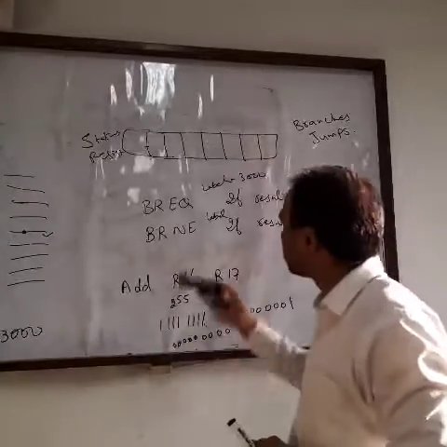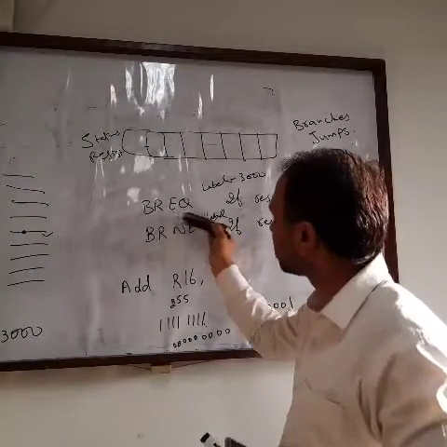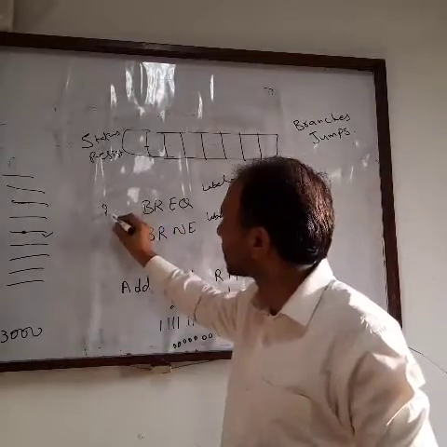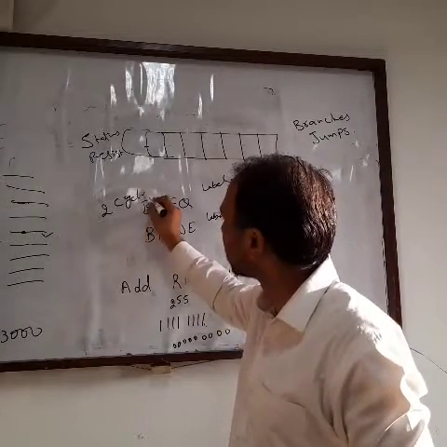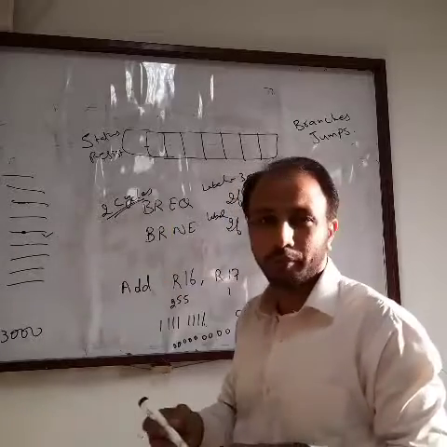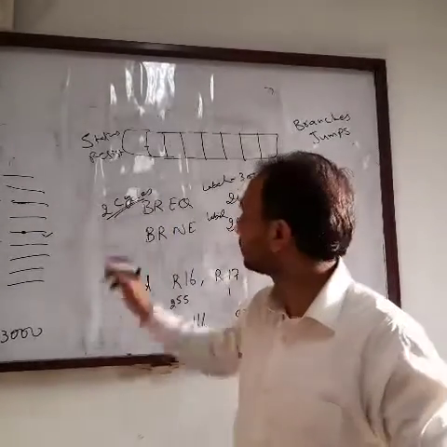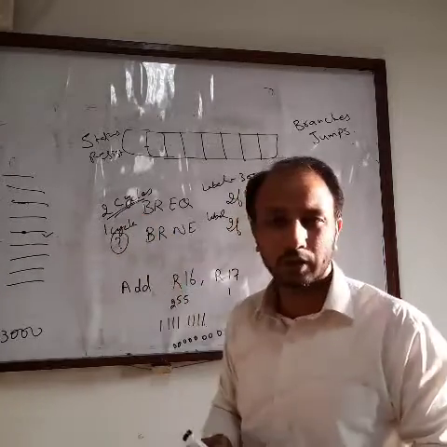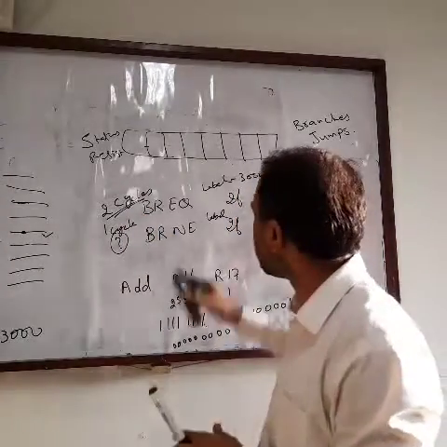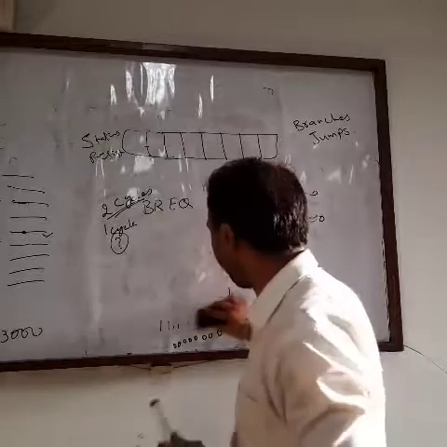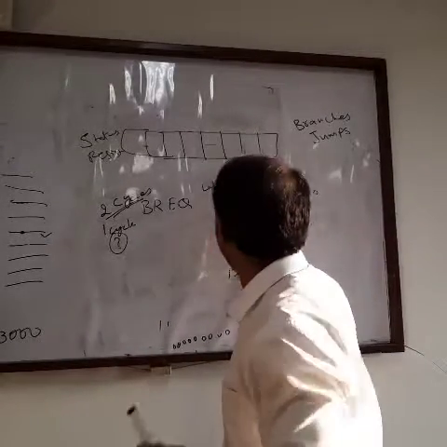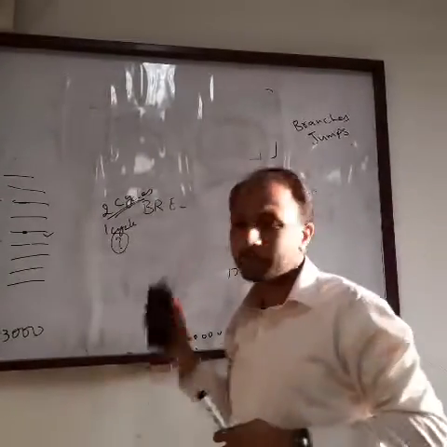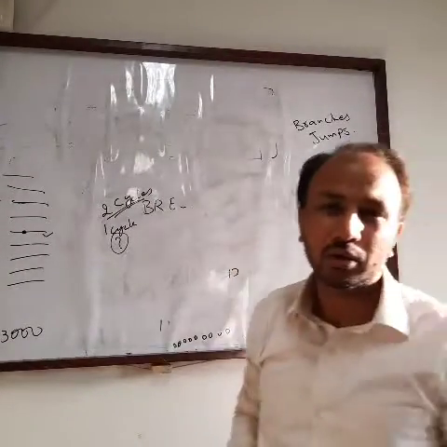Now let's check how this instruction is used. First of all, this instruction takes 2 cycles or 1 cycle. This is also our duty to check, and how big a jump you can take is also our duty to check.